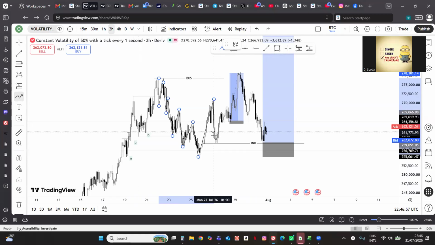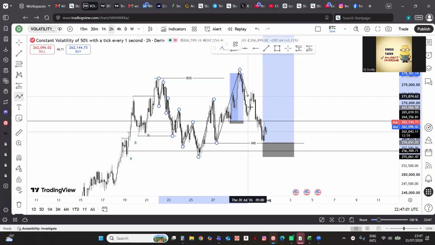And this becomes our inducement. Then we can see another break of structure. So once the market comes into this zone and does this, it induces. When I say induces, it goes back into where it's coming from. It comes a little up here. As soon as it goes to sweep this liquidity, you start taking your entries, or you wait for the bullish engulfing if you're not very certain.